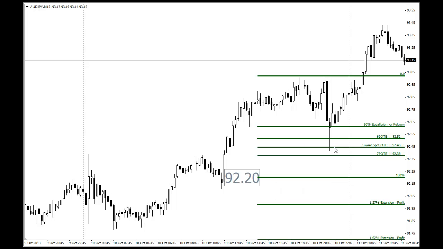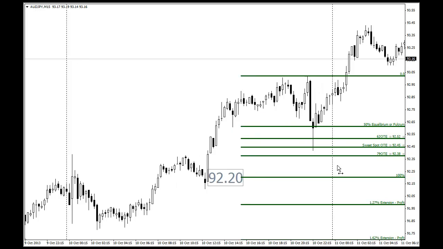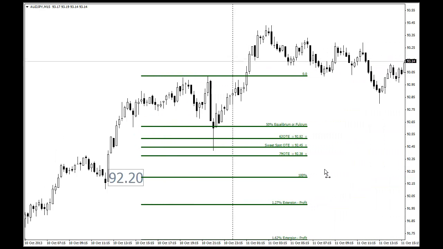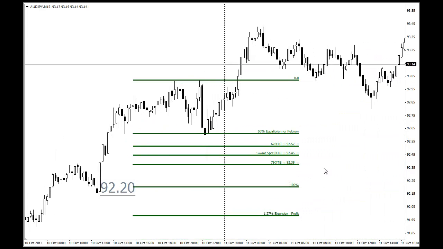Price trades right to what level? The sweet spot. Boom. And rallies up. So both are ideally suggesting that's a buy area in between that 92.45 and 92.40 level. So add your spread to it, and that'd be an entry point. And then price begins to move on up.